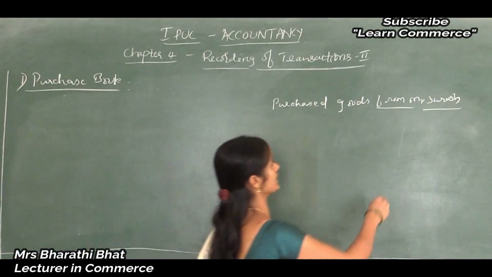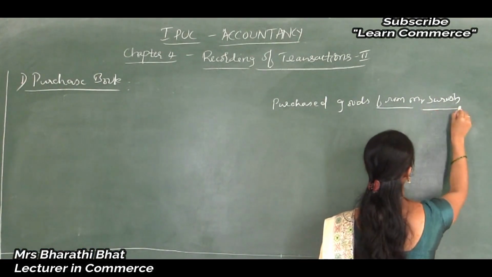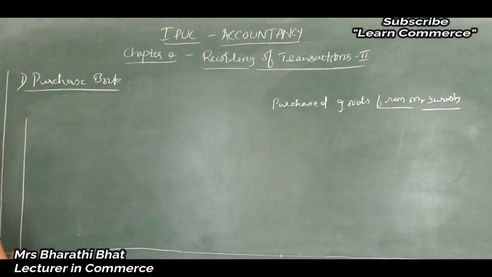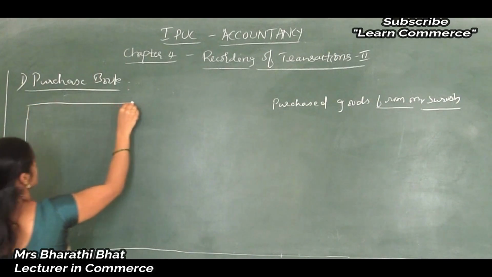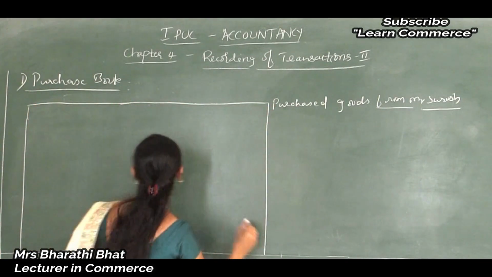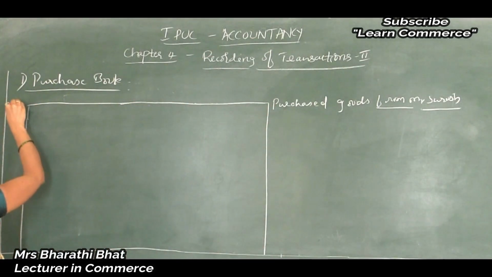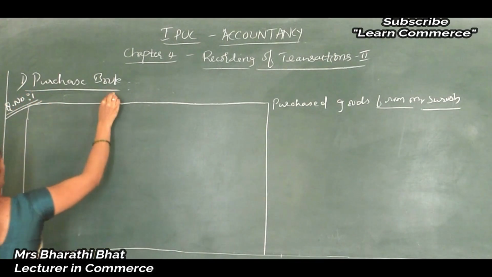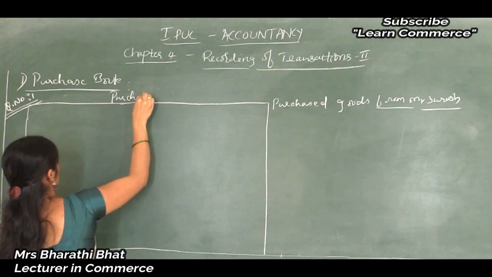So here who is the seller? Here Mr. Suresh is the seller. Okay, see, I draw the format once again, and this is question number 1 under purchase book, with the heading purchases.